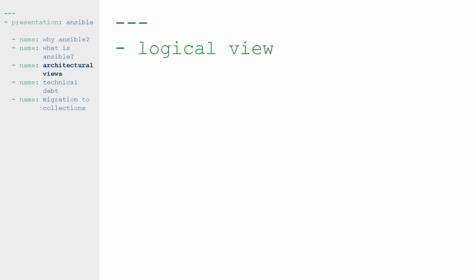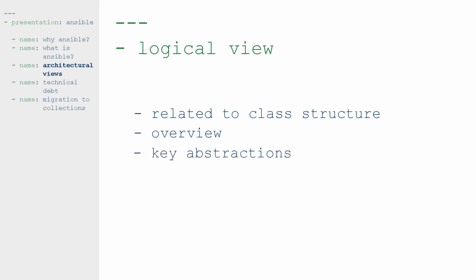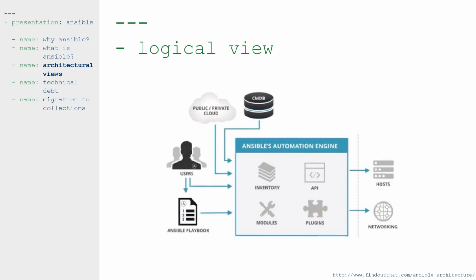So first off, the logical view. This is related to the class structure, but it's not supposed to be the entire class structure because that would be way too detailed. We're going to look at the general outline, so we're going to look at the key abstractions. So here you can see the logical view of an Ansible automation task, which is basically Ansible. On the left, you can see the users and the Ansible playbook.